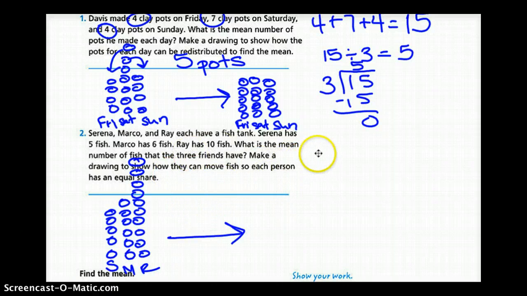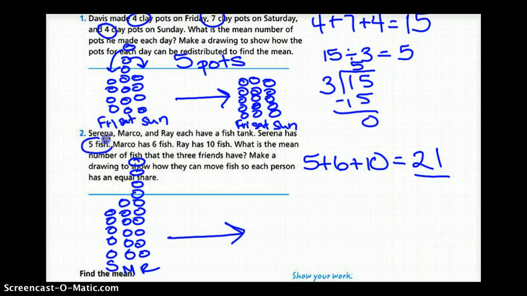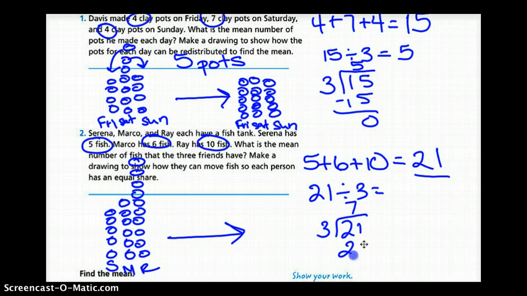So if I do 5 plus 6 plus 10, I know that is 21. Then I take my total number and divide by the number of values. So there's 1, 2, 3 numbers that I added together. So I take 21 divided by 3. 3 times 7 is 21. Subtract, I get 0. So my answer is 7 fish.